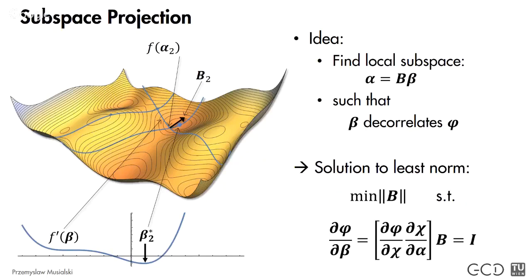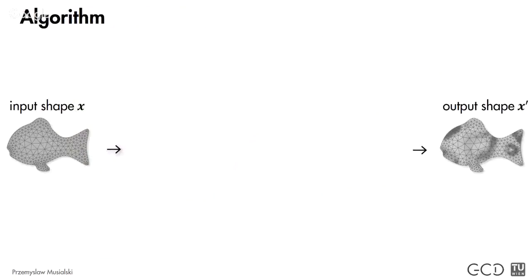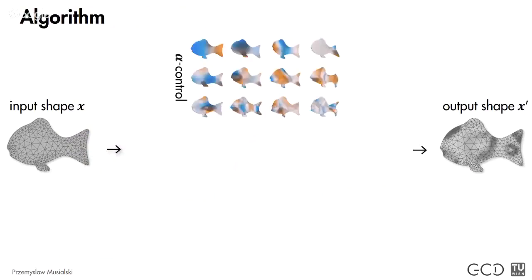So this is like locally reprojecting it just by this linear map. And it has a big advantage that in each iteration, the whole gradient needs to be evaluated only with respect to the parameters beta, which are much fewer, usually only 4 frequencies, 4 of them. So the whole gradient evaluation is much faster. And so the entire algorithm works like that. We find this space of alphas, for example, manifold harmonics.